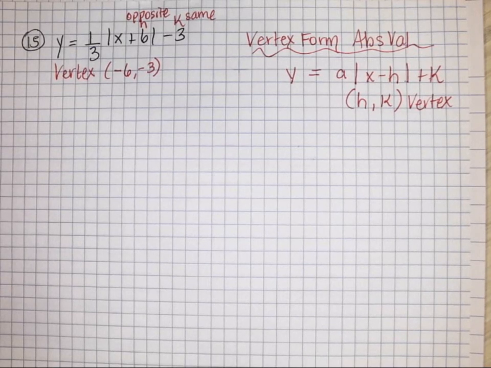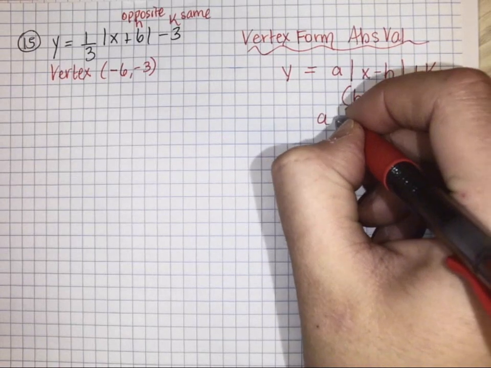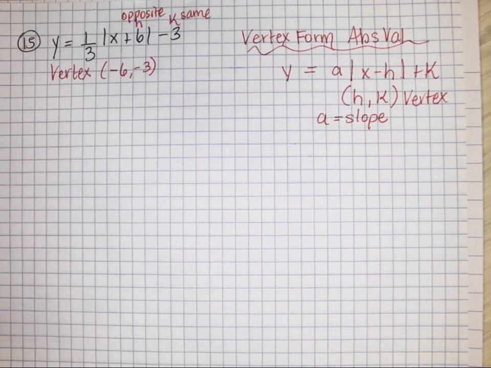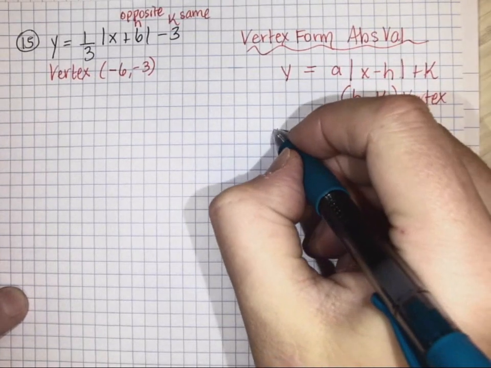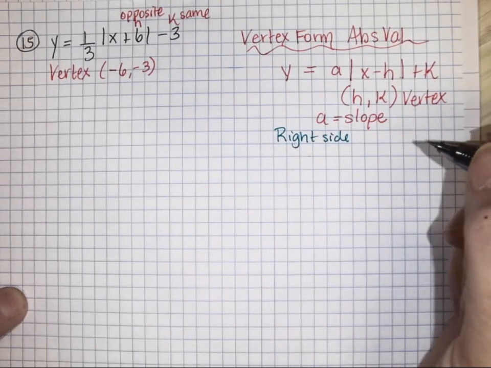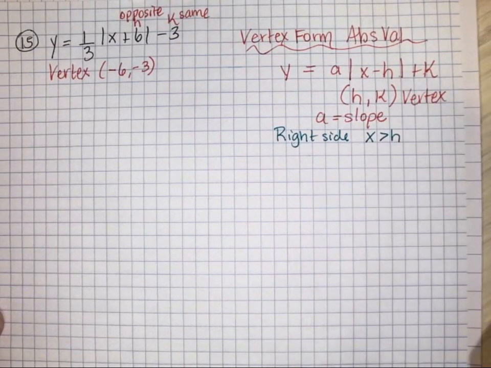Now, okay. A is actually your slope. And this is how you get your other points on both sides of that V. So on the right side, when x is greater than h, for example, this is -6.